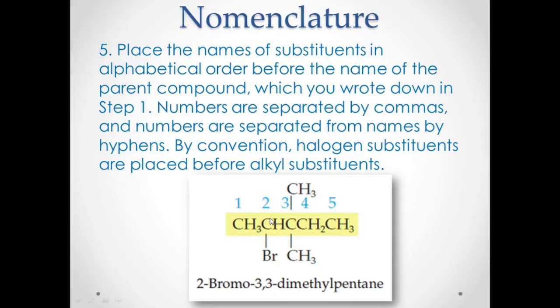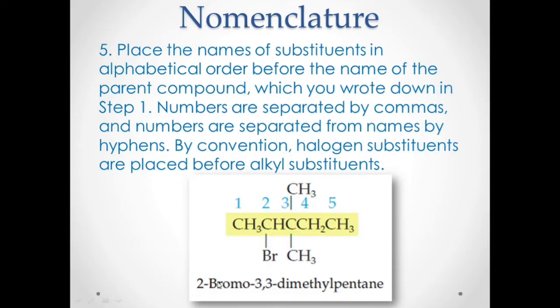Okay, so your carbon number 2 has an attached bromo or bromine there. So that would be 2-bromo. And your carbon number 3 has 2 of the same substituent, which is an alkyl, or what we call the methyl. So that would be dimethyl. Okay, so alphabetical order. So bromo should be the first one.